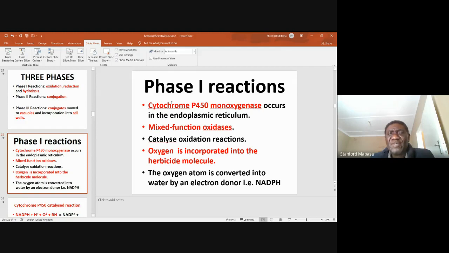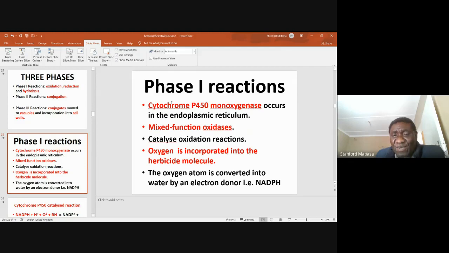Sometimes the cytochrome P450 monooxygenases, there are a lot of them, are called mixed function oxidases. In general, these enzymes protect organisms from toxins. They catalyze oxidation reactions. What happens is that oxygen is incorporated into the herbicide molecule.